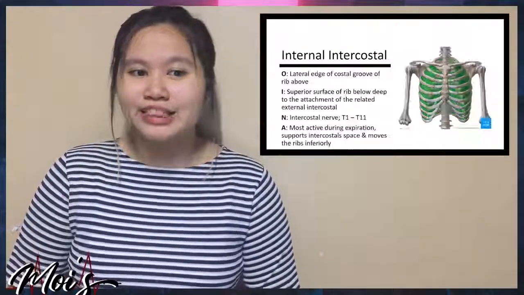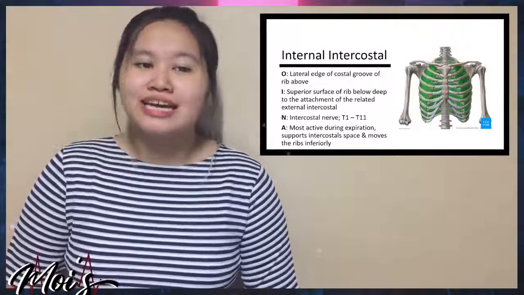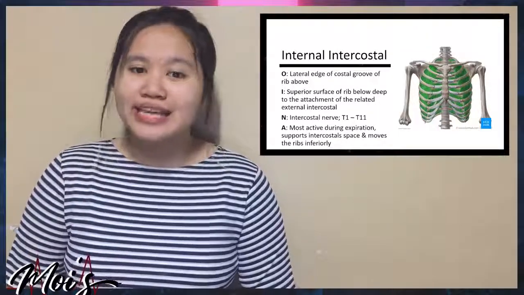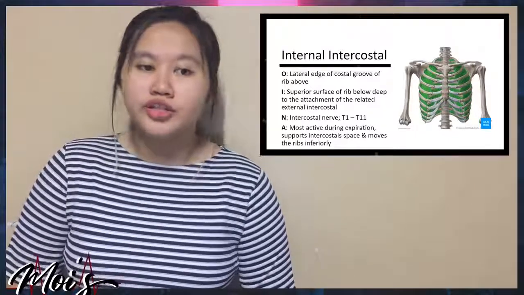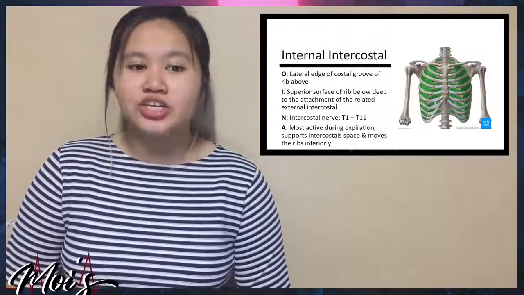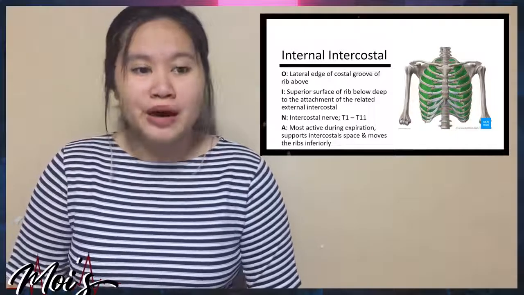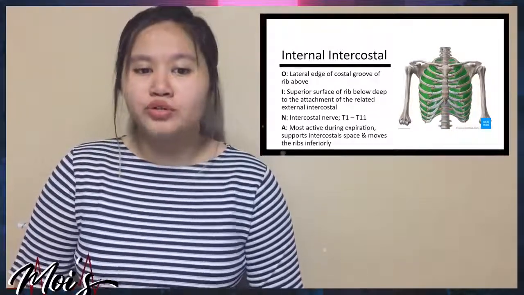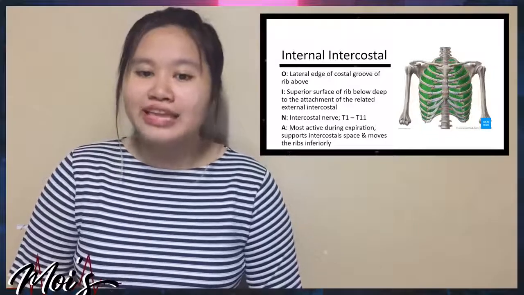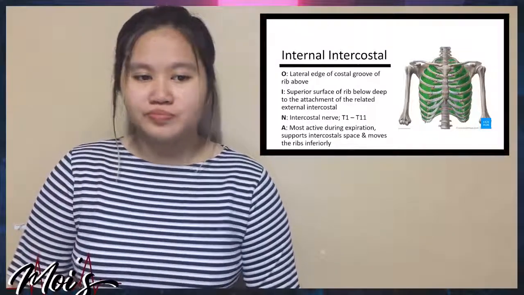Now, we have the internal intercostals. It is the muscle of the thorax that extends from the sternum to the vertebral column. It originates in the lateral edge of the costal groove of the rib above and inserts in the superior surface of the rib below, deep to the attachment of the related external intercostal.